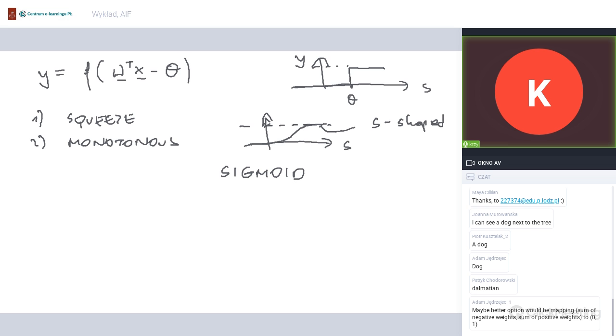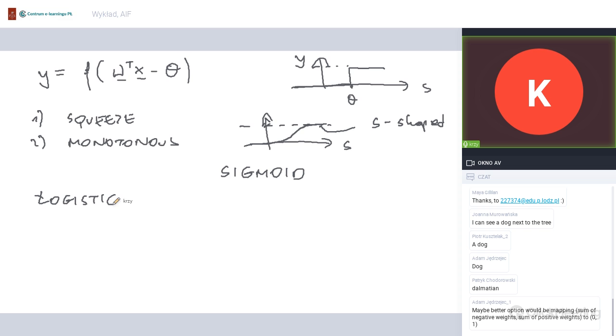That's why the general name for this kind of function is sigmoid, as it resembles the character S. There are many sigmoid functions, and one that used to be a favorite activation function for a neuron is the logistic function.